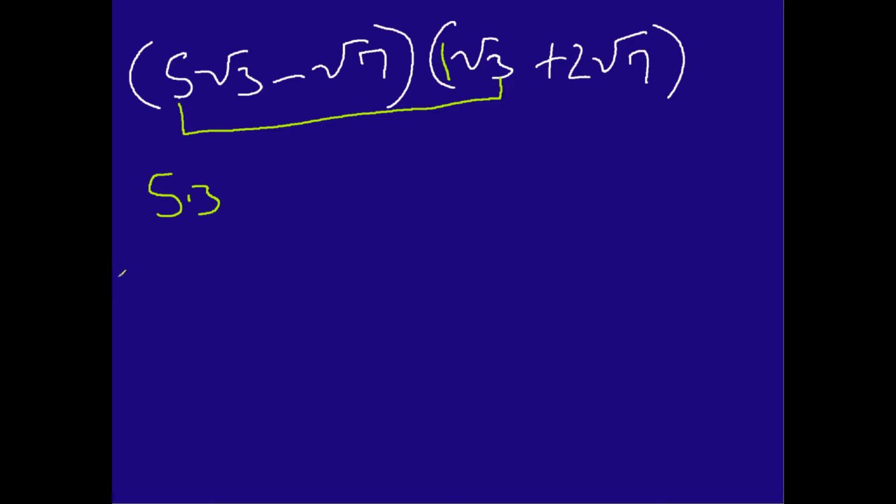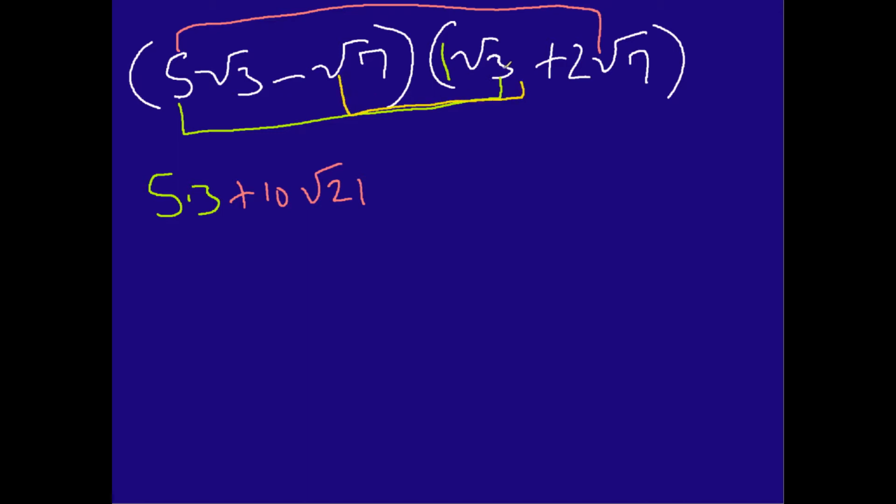Next, we're going to have the 5 here. We're going to deal with this guy next over here, like so. And so 5 times 2 is going to be positive 10, so plus 10. And then square root of 3 times square root of 7 is going to be the square root of 21, like so.